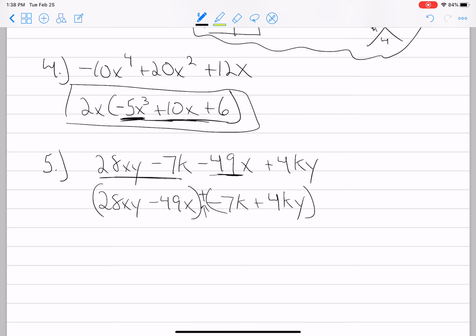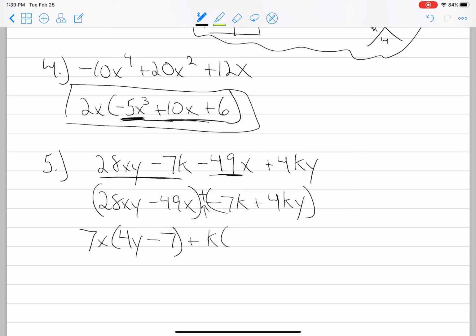And I can factor out 7. 7 goes into 28, and I can take out a 7x. So 7 goes into 28 4 times. I'm left with a 4y minus 7. Plus, this one I am going to factor out a k.